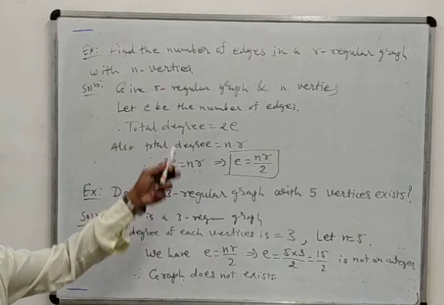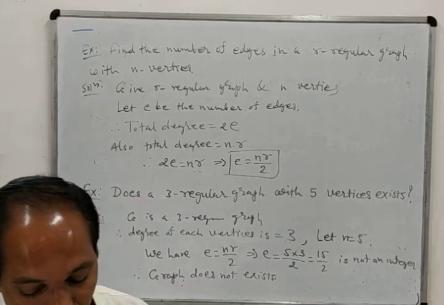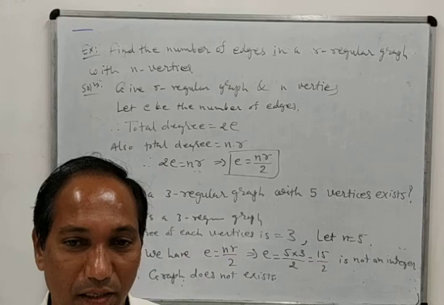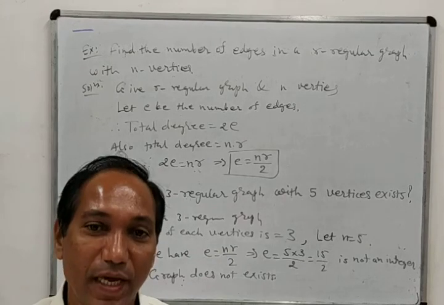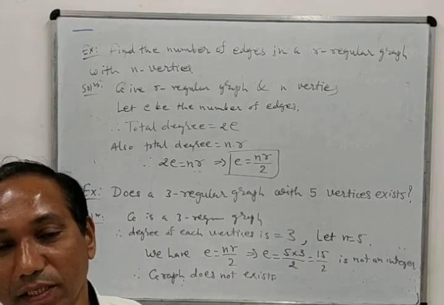As in the previous examples, when we defined R regular graphs, there we have seen that there is a 0 regular graph. There can be more than one graph also, with 1 vertex, 2 vertices, 3 vertices. But I told you that a 1 regular graph is always one with a single edge.